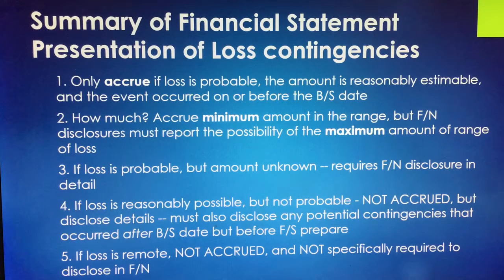You have to disclose any potential contingencies that occurred after the balance sheet date as well. You wouldn't be able to accrue those because they're not past transactions. But anyway, number 5, if loss is remote, it's not accrued, and it's not specifically required to disclose in the financial statements.